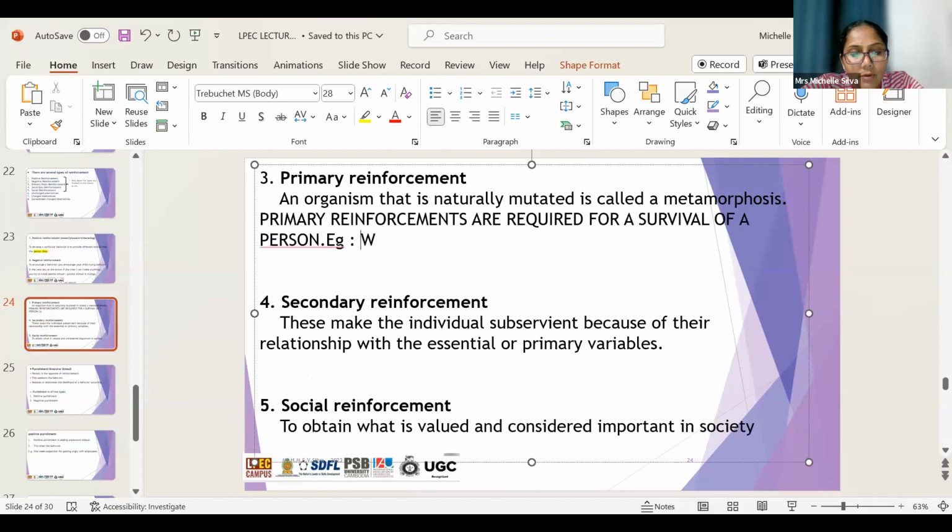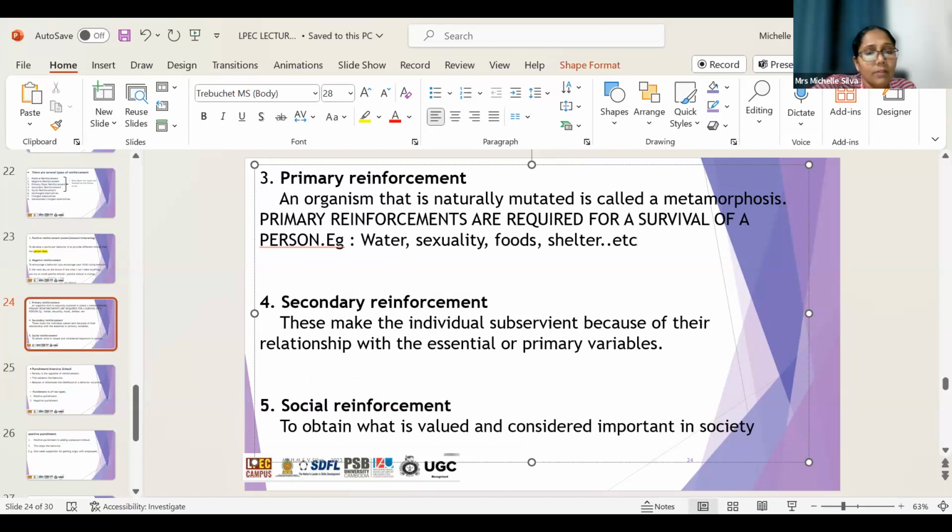Example: water, sexuality, then food, shelter, etc. Those are the primary things which are required for your survival.